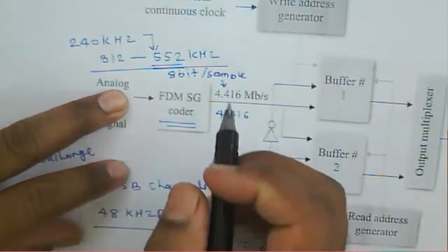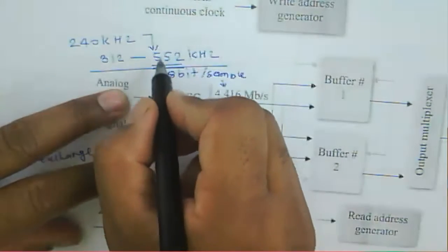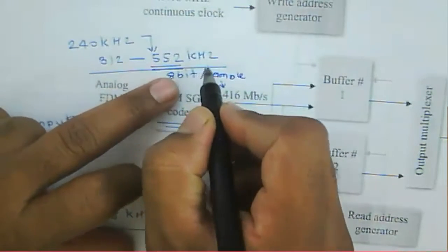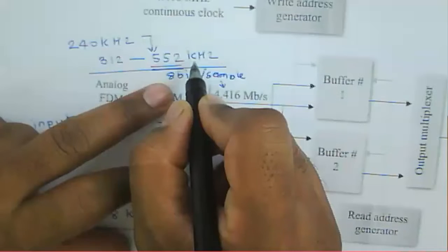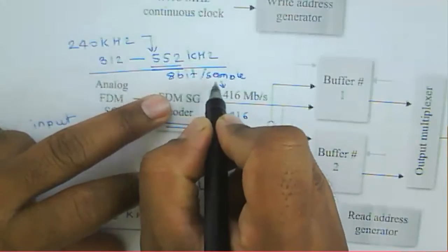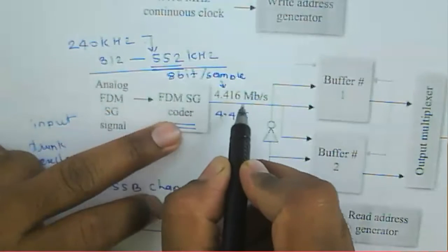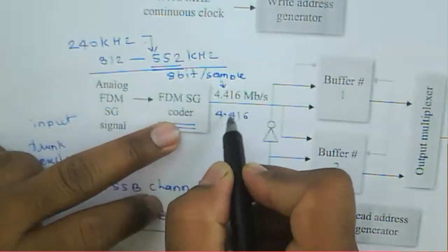So that signal is nothing but, it will be band passed at a 550 kilohertz frequency and quantized using 8 bits per sample, and that gives us that 4.416 megabits per second output.